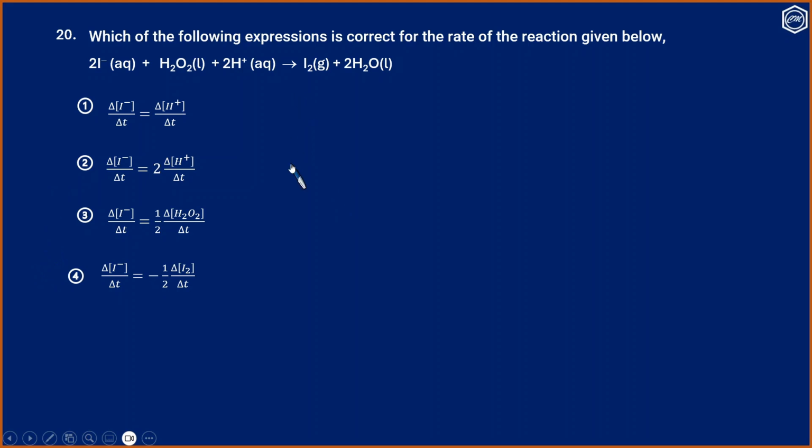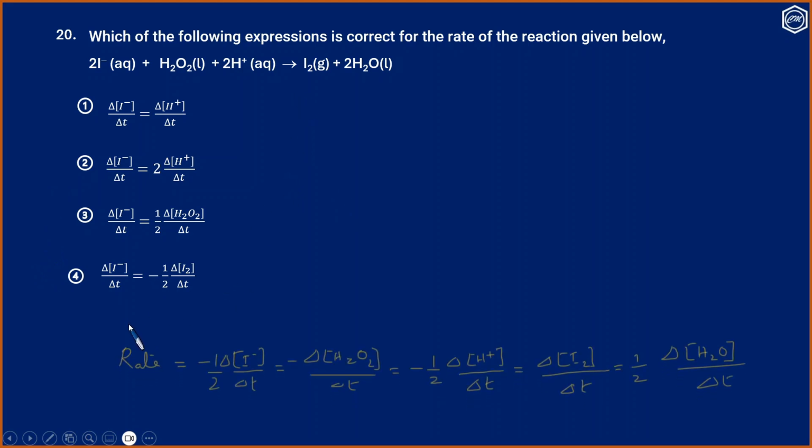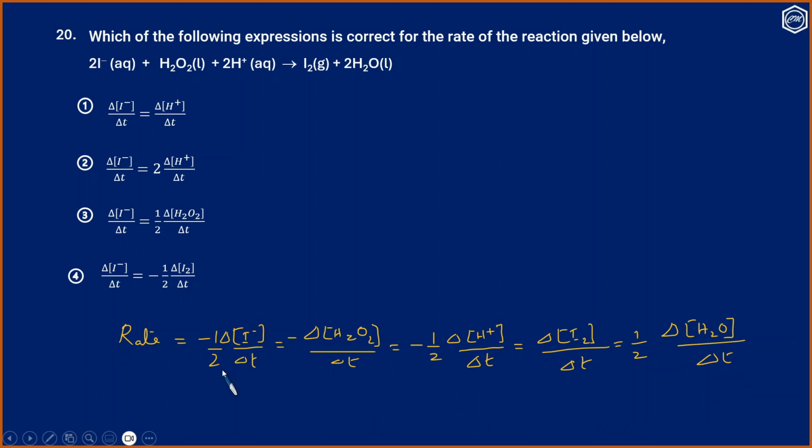So the rate of this reaction could be written as rate is equal to minus half, since it is 2I⁻, minus half into delta I⁻ by delta t, and that should be equal to delta H₂O₂ by delta t, since the stoichiometric coefficient is 1. Then H⁺, it is minus half into delta H⁺ by delta t, and delta I₂ by delta t, and a half into delta H₂O by delta t.